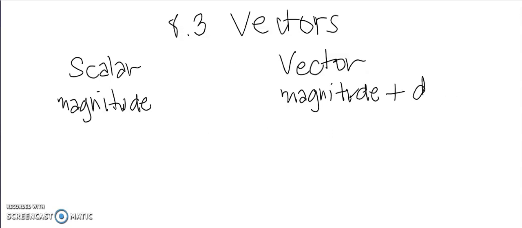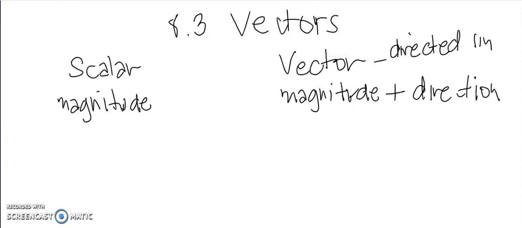A vector is also called a directed line segment. Why do we call that one? Because the vector has a magnitude and also has a direction.